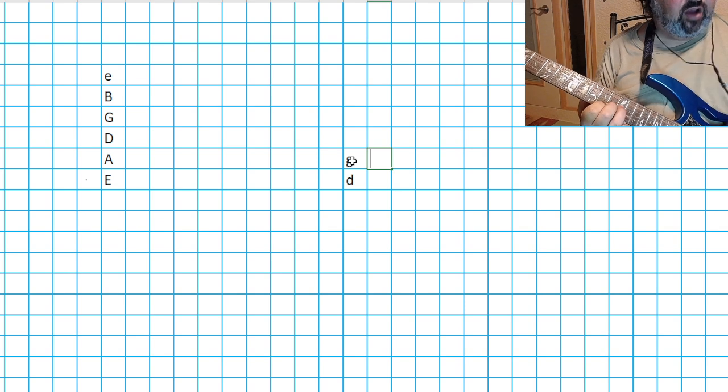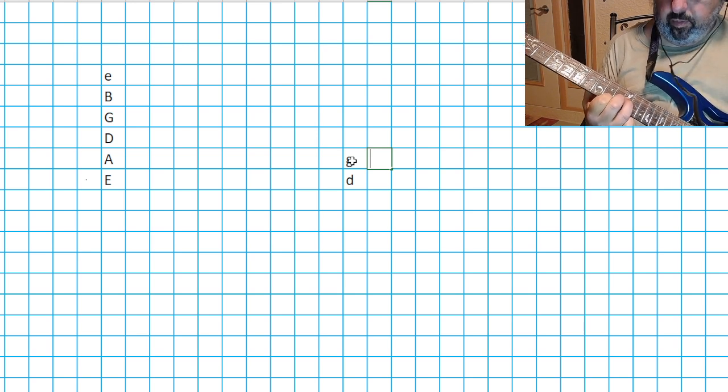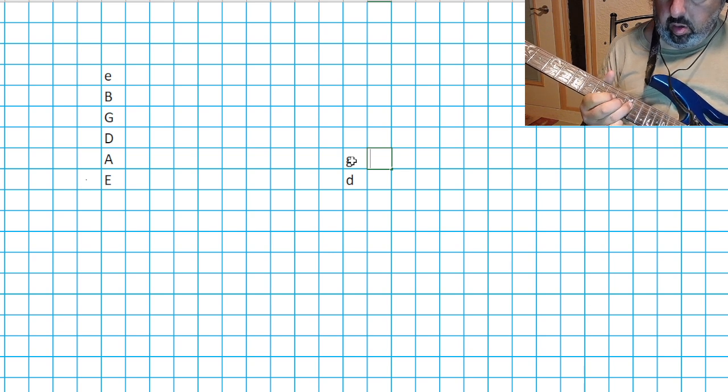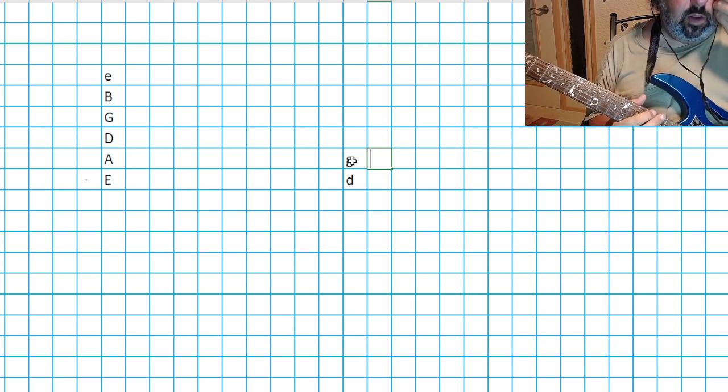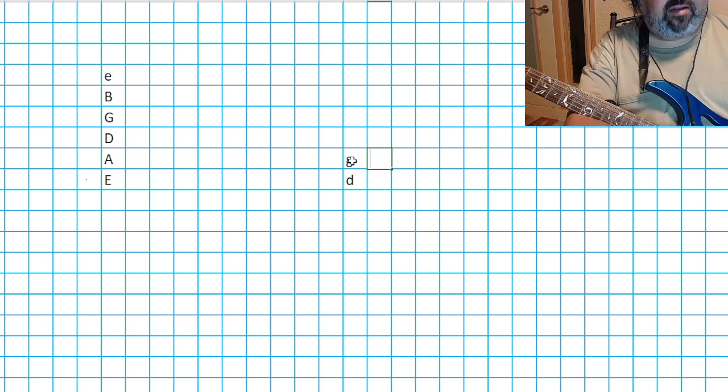That sounds a little more resolved to me. That's just a little snippet of G minor. Okay, so secondary dominance, done. Now, how does this lead us into modes?